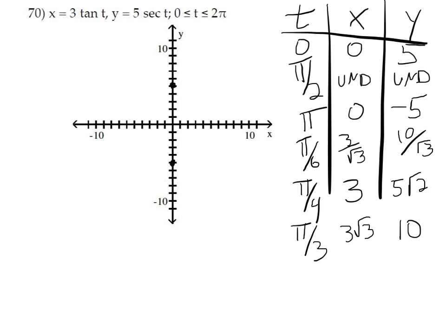So at pi sixths, 3 over square root of 3 is approximately 1.73, so about 2. And then it's up 5.2, so about 2, up 5.2. This thing's not growing too fast. Then over 3, and up about 7.